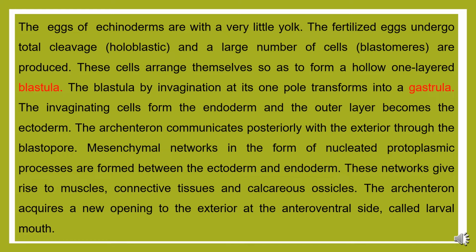The blastula, by invagination at one pole, transforms into a gastrula. The invaginating cells form the endoderm and the outer layer becomes the ectoderm. The archenteron communicates posteriorly with the exterior through the blastopore.